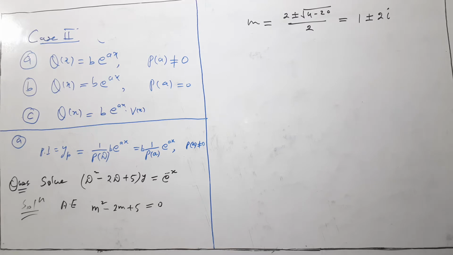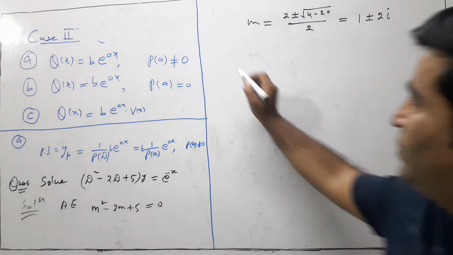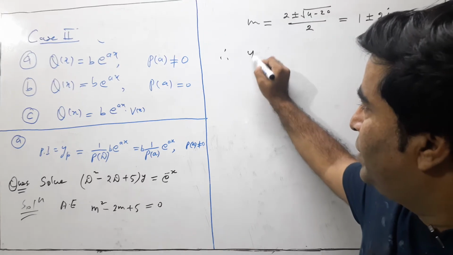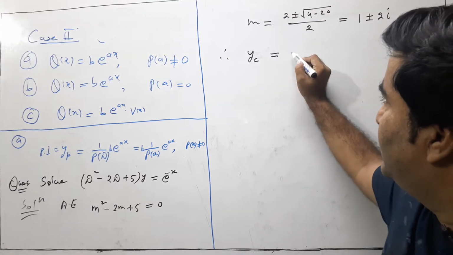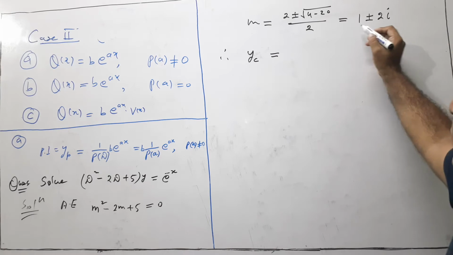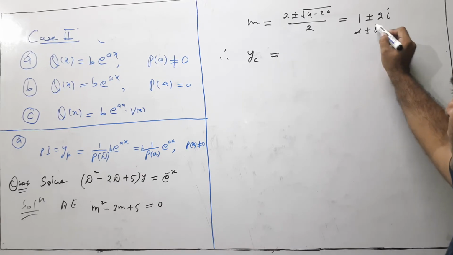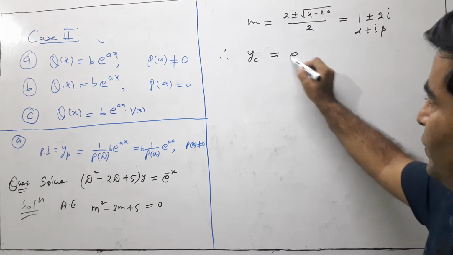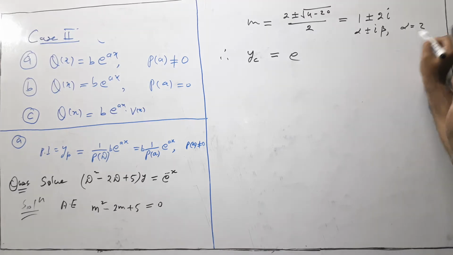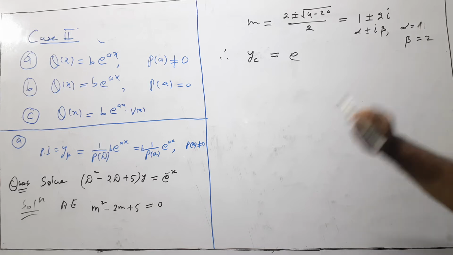Therefore the complementary function, y_c, here we have two complex roots alpha plus minus i beta. We take alpha is 1 and beta is 2.